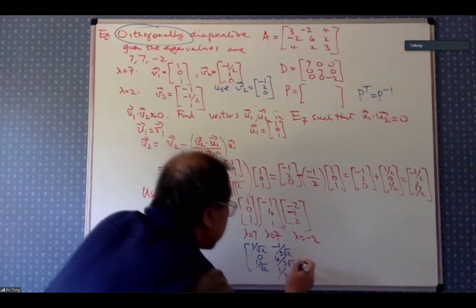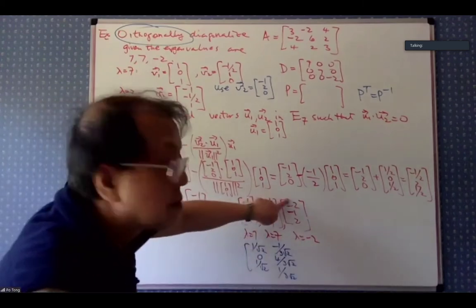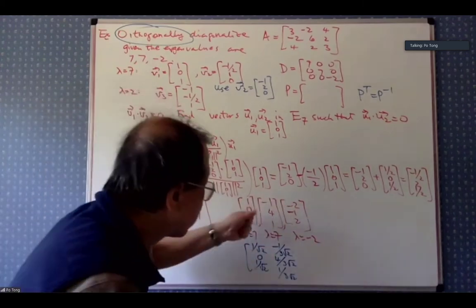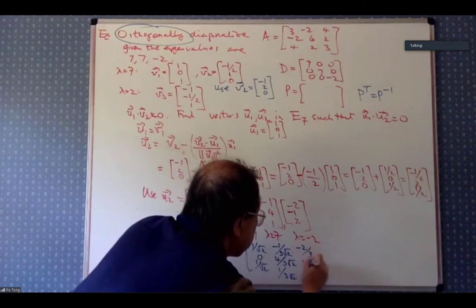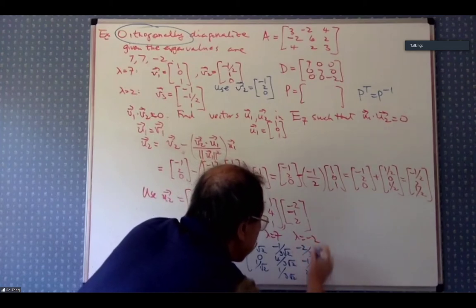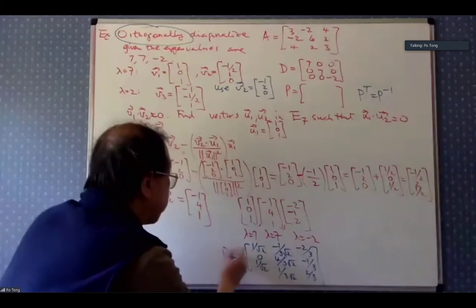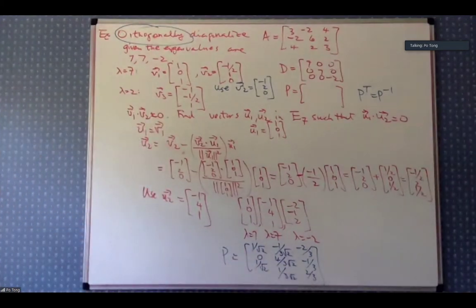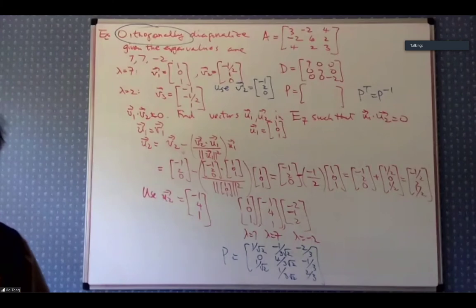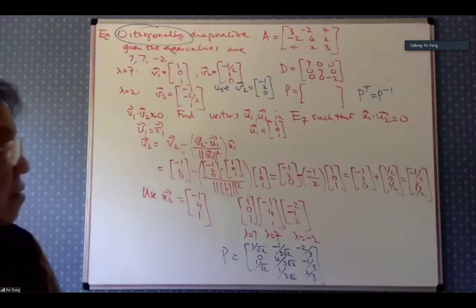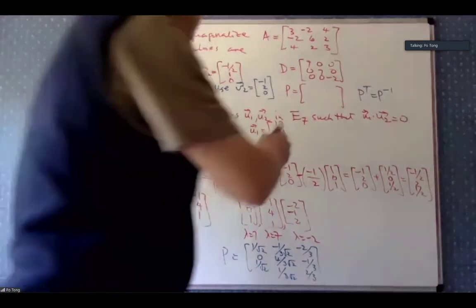The third one, square root of 9 is 3. That is my matrix. So I have my answer over here.